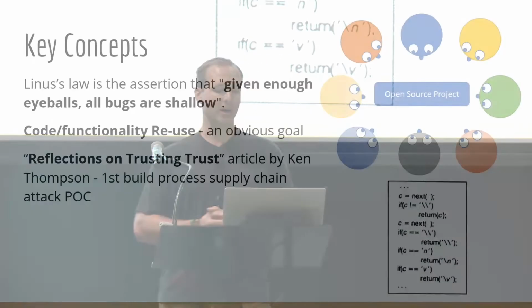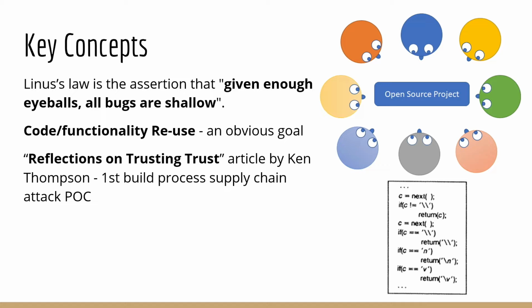Let's go through some key concepts. You may have heard of Linus's law. It's the assertion that given enough eyeballs, all bugs are shallow. A lot of eyes help make good code quality and good projects. I'd also like to think that in the cybersecurity world, it's kind of a separation of duties control.